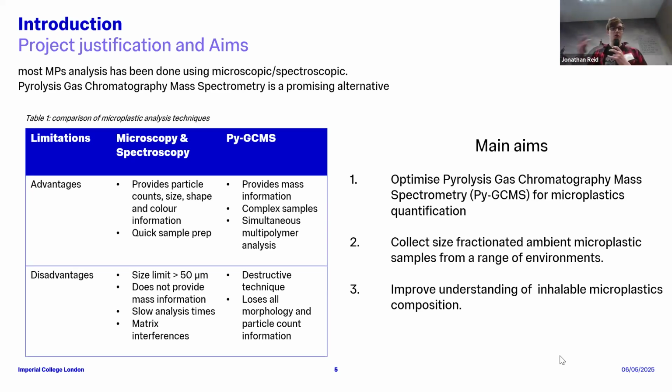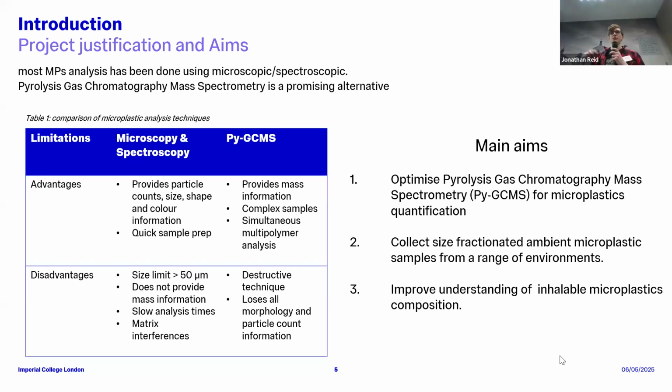But this has some disadvantages. It doesn't work very well on particularly small particles. You lose a lot of the mass information, so you can only identify particles. And if you have a complex matrix, it can be very tricky to spot and identify your particles.